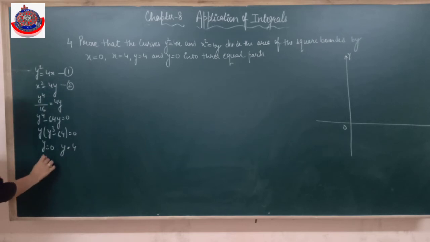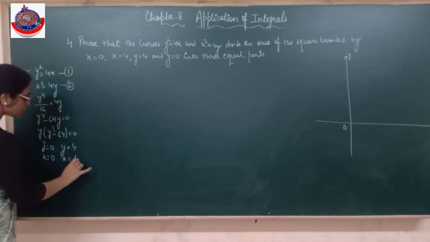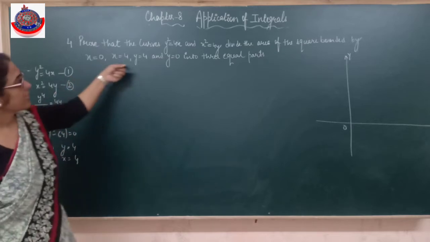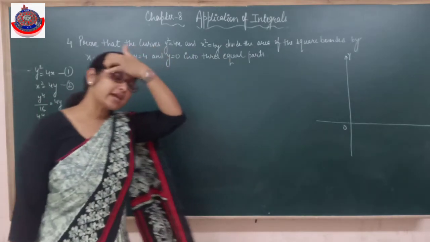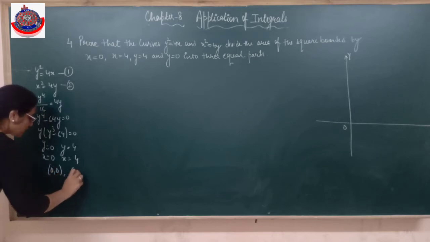When I find this, put it in, x will be 0 and x would be 4. Is it clear? Alright, y cube is 64, so y is 4. But if I look at the lines, these are all in the first quadrant, so negative will not come. So the points of intersection of the 2 parabolas are this and this.